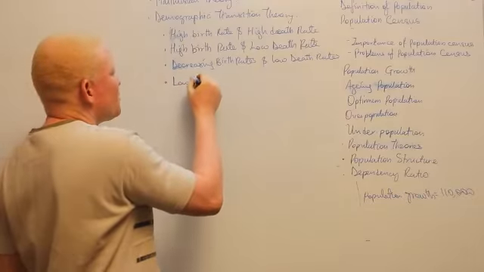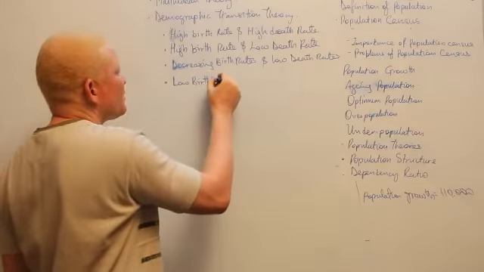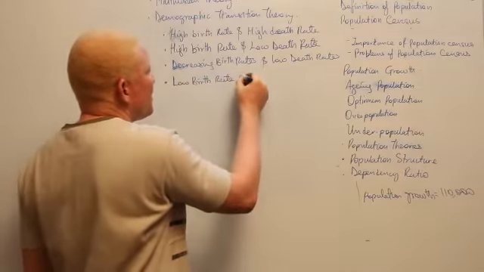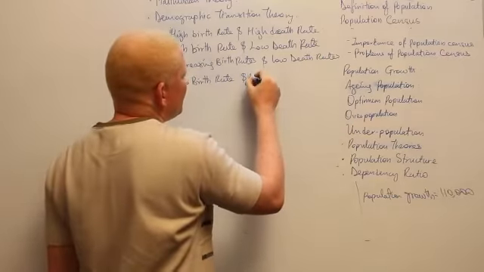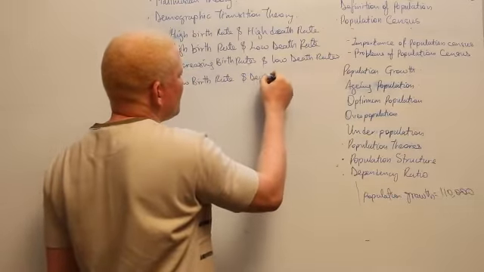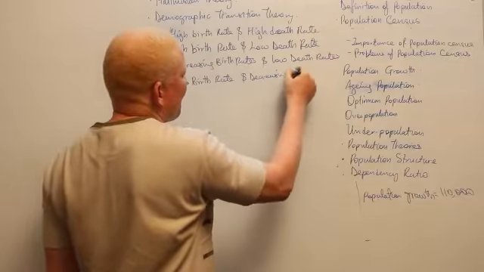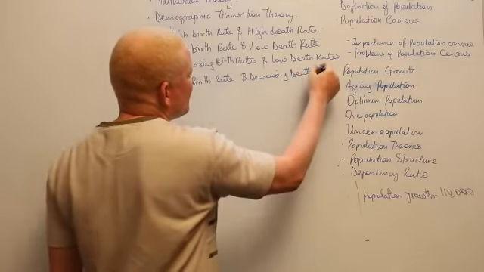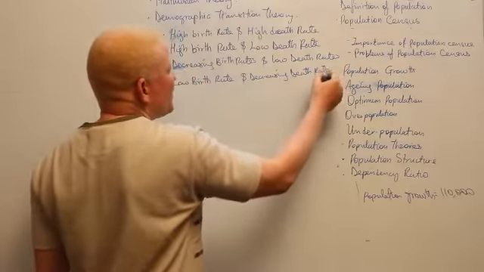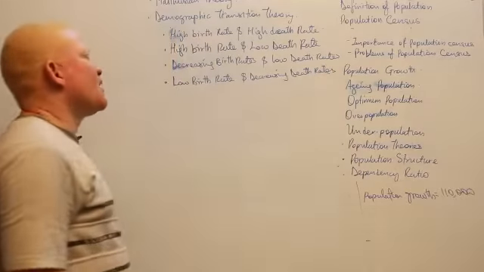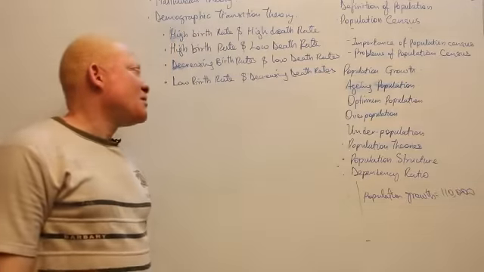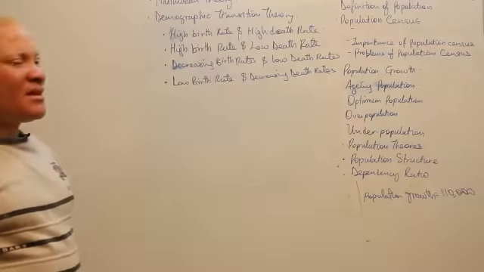And at the developed stage we now have low birth rates and decreasing death rates. Not that the death rate is totally low because of some other causes, but the death rate is decreasing while birth rate is low.